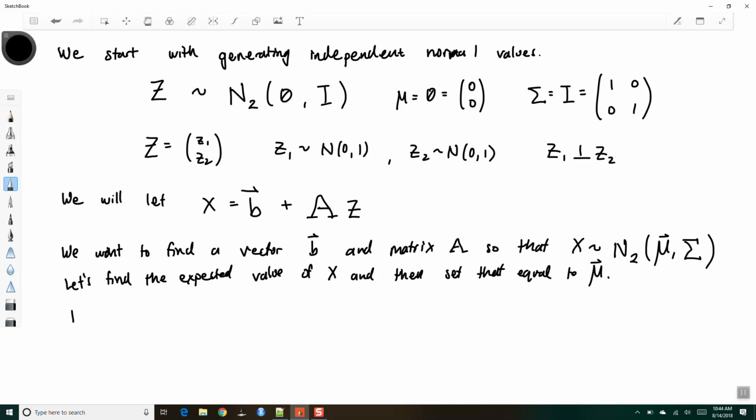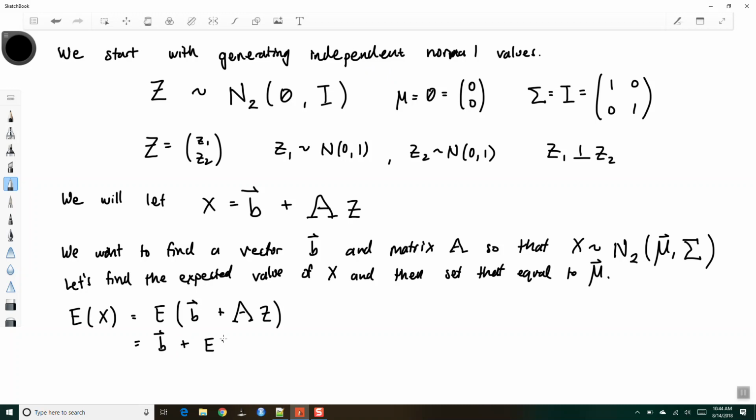Okay, so we'll say the expected value of X is going to be the expected value of B plus A times Z. And so what's the expected value of B? This will just be B, right? Because it's a constant. There's no variation there.